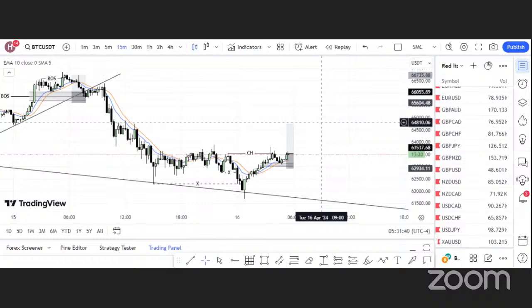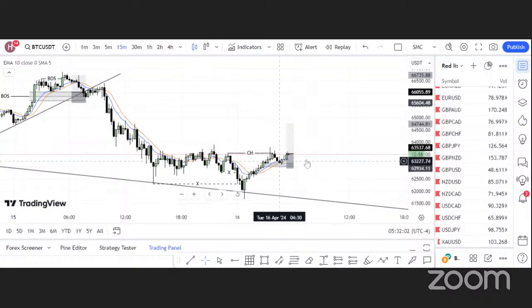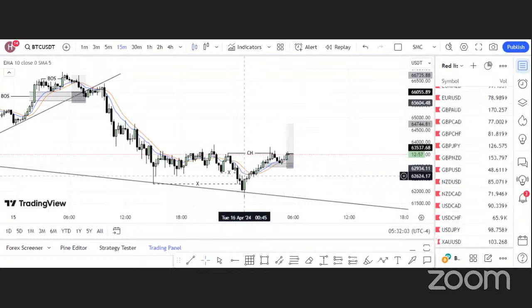So for example, right now, I can hold this trade because I have up to $500 in my trading account. So I'm able to hold this kind of trade. But for you that is having, let's say, $20 and below, it's very hard for you to hold this kind of trade.